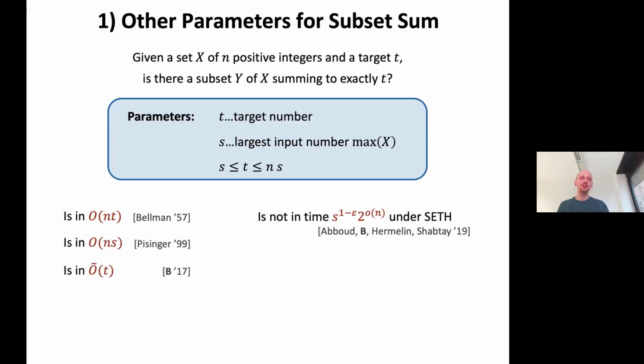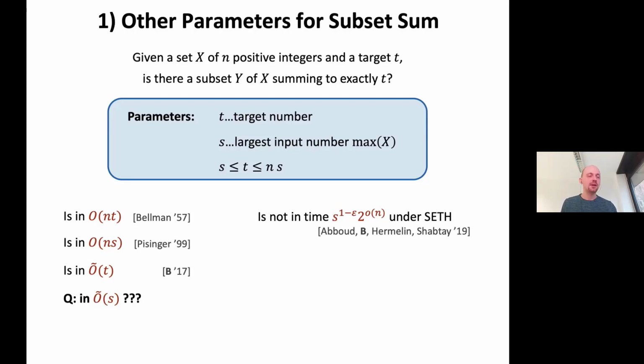And you can also solve subset sum in near linear time in t, and up to log factors, this dominates the n times s running time, right? Because t is at most n times s. Now the natural next step would be to get running time near linear in s, and this is widely open, and I would say it's the most important open problem in this line of research, whether you can solve subset sum in running time just s times log factor, s plus n, I guess.